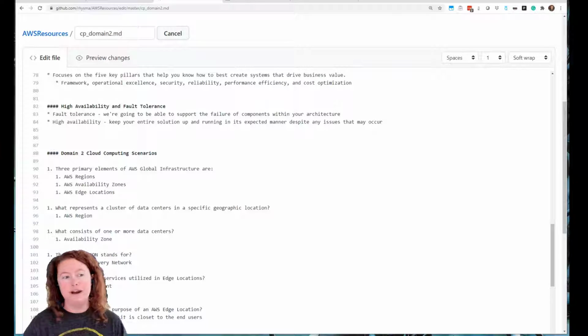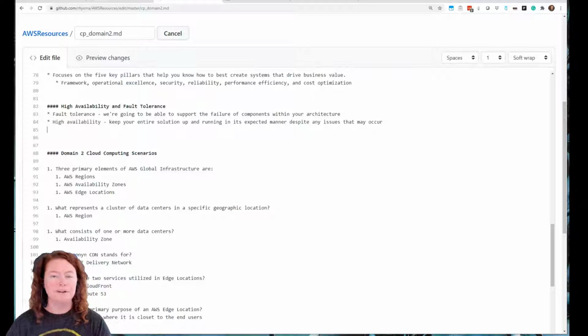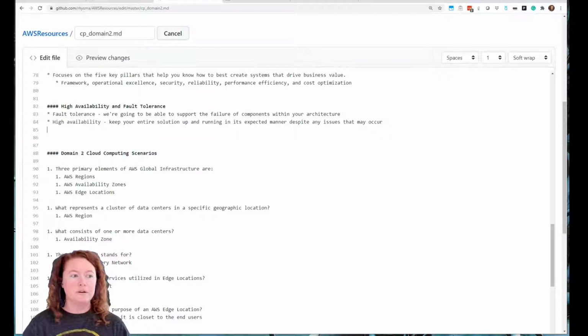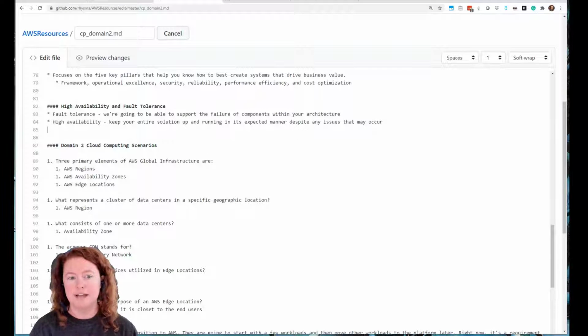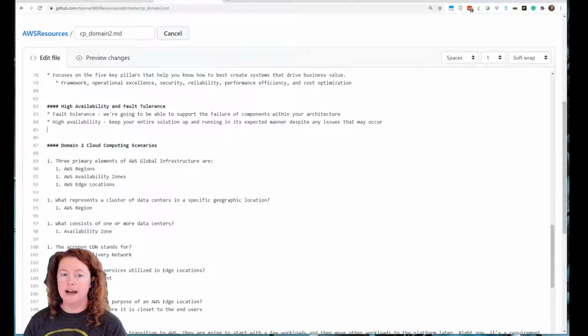That way, if anything downstream goes offline, we still have a functional application. In addition, we talked about things like Route 53, so you can use Route 53 to detect if there are endpoints that are unhealthy and then route users to the right service that might be available. So everything we do centers around these two ideas of making sure that our architecture is designed for fault tolerance and high availability.